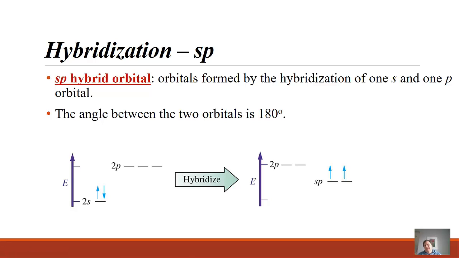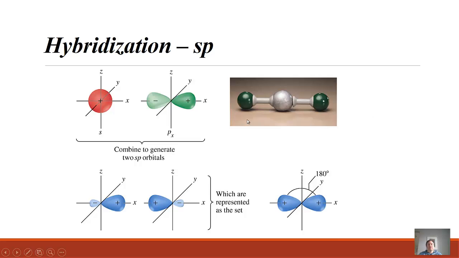So you need to memorize this, not exactly, but if you think of a linear molecule, it's 180 degrees between them, and this is why, because they have an sp orbital. So here's a good example of a linear. Here's our 180 degrees. Here's our s. Here's our p. When they're put together, they form something that looks like this, which is our sp orbital.